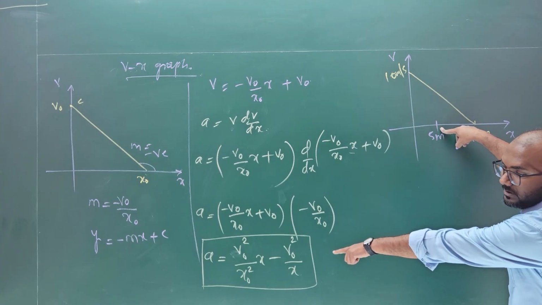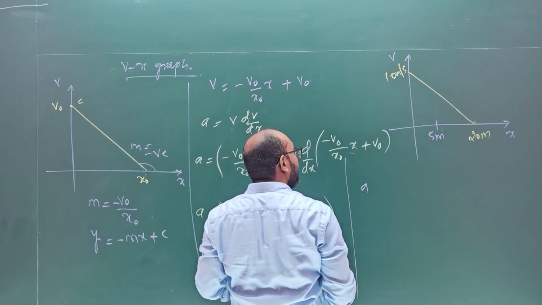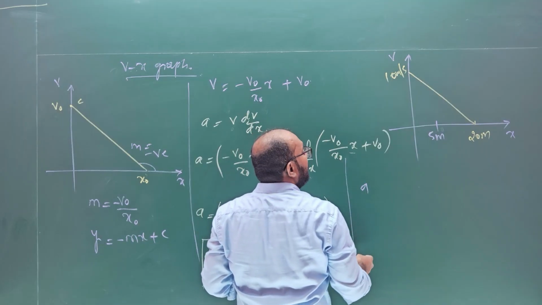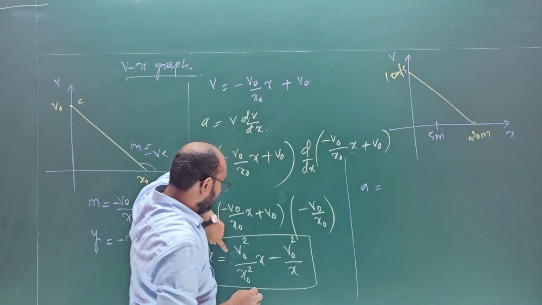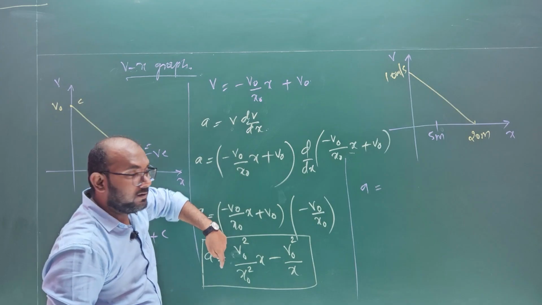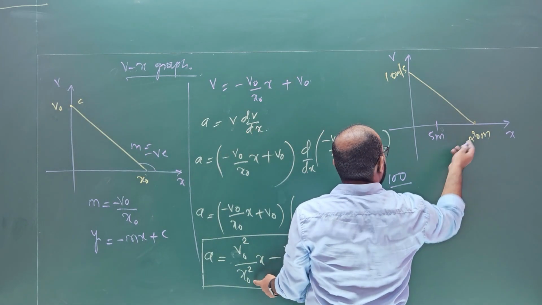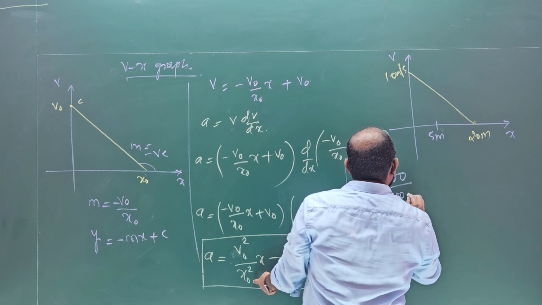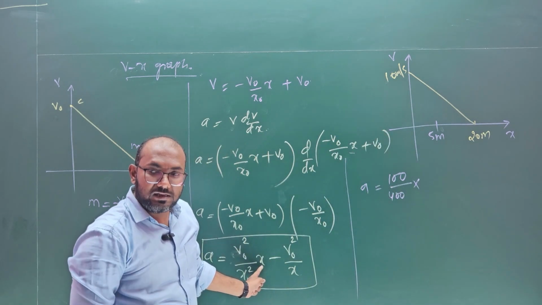What will be the acceleration at this point? Then we can use this equation. So acceleration is equal to v naught square. What is the v naught value here? 10, so v naught square becomes 100. So 100 upon the x naught value, that is 20, 20 into 20 is 400, and x, this x is the given position where he is asking.